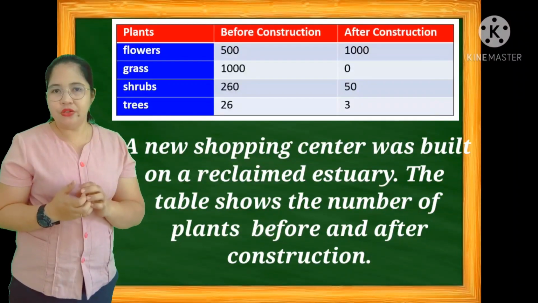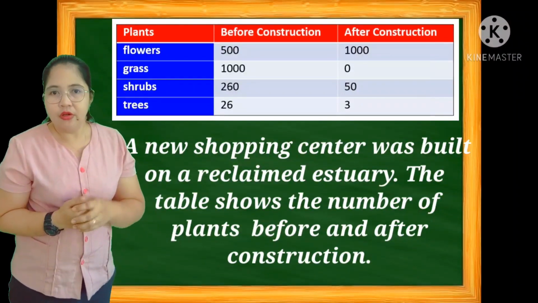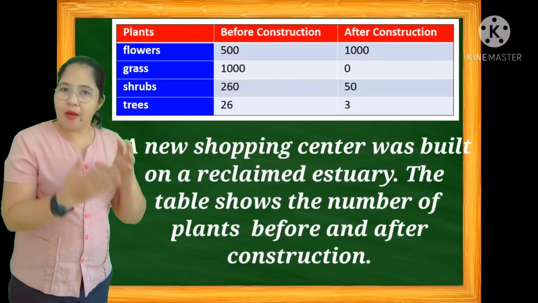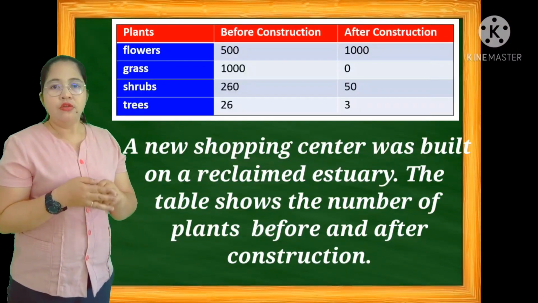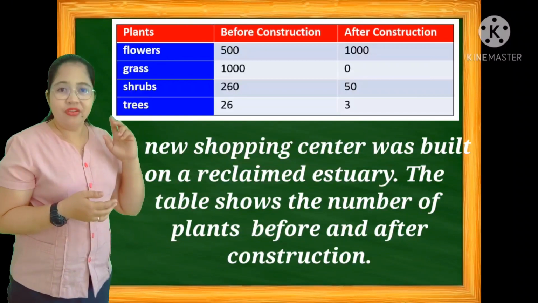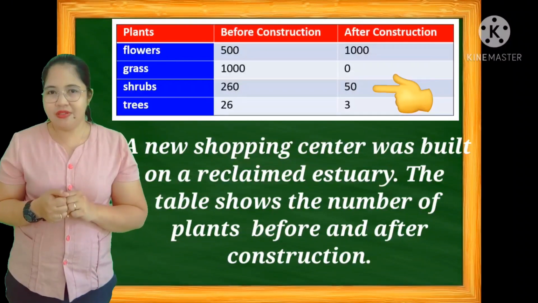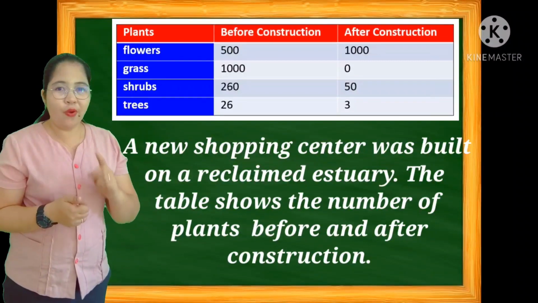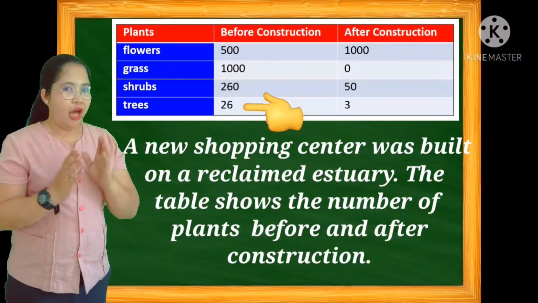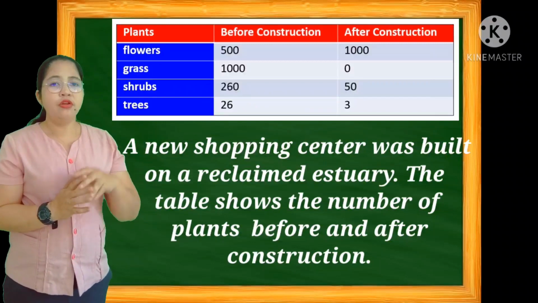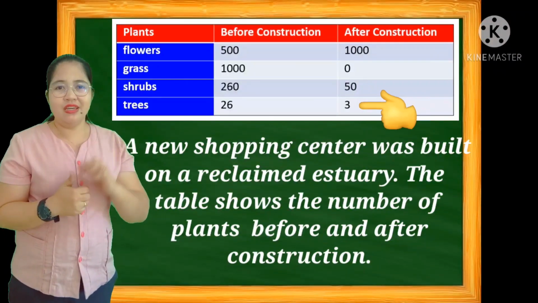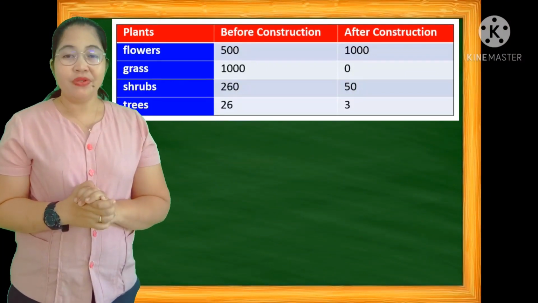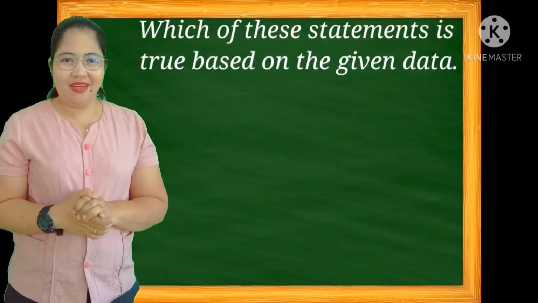Before the construction of the new shopping center, there are 260 shrubs. And after the construction, there were only 50 shrubs. Before the construction, there are 26 trees. And after the construction, there were only 3 trees. Okay, based on the table, which of this statement is true?